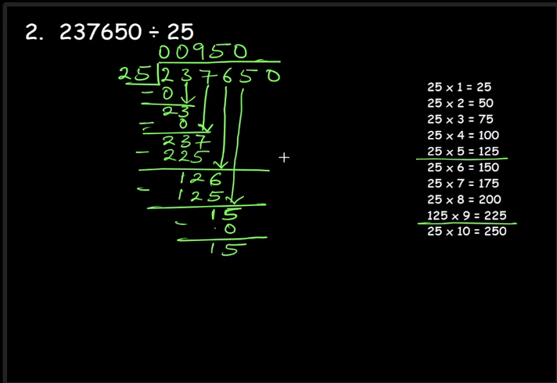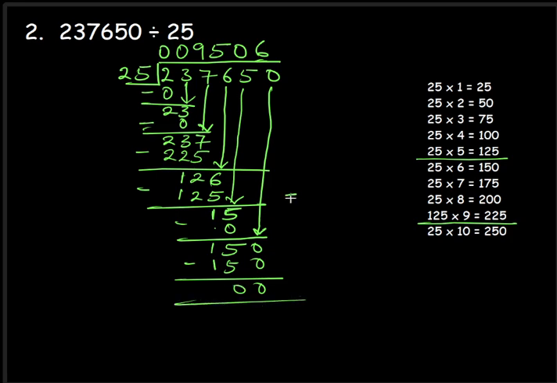This is 15, and then we bring down 0. 25 into 150, that will give us 6. 25 times 6 will give us 150. If we subtract, it will give us 0.